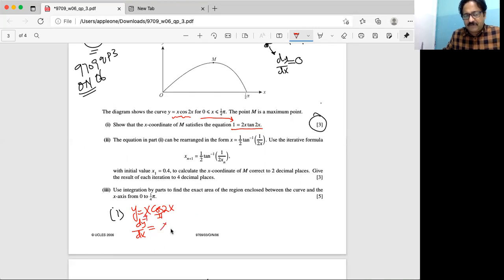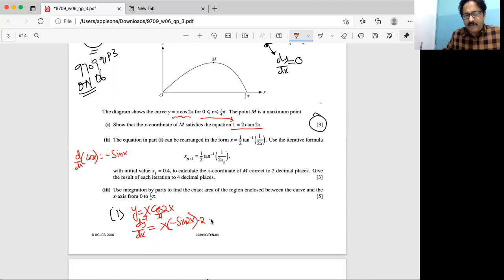Now, this is the first function, and that is the second function. First function times the derivative of the second function: the derivative of cos 2x is minus sine 2x, and again the derivative of 2x is 2, because you know the derivative of cos x is minus sine x.